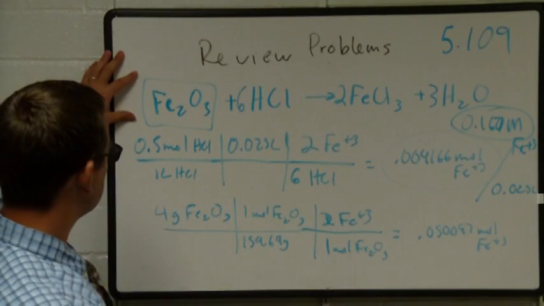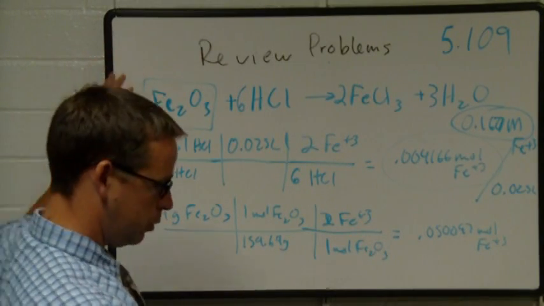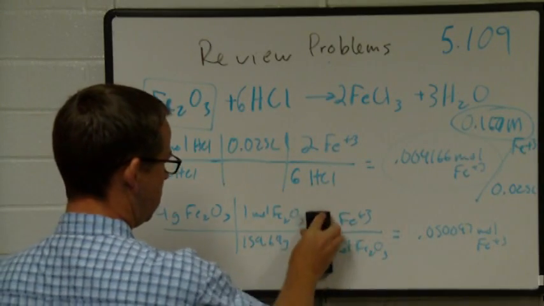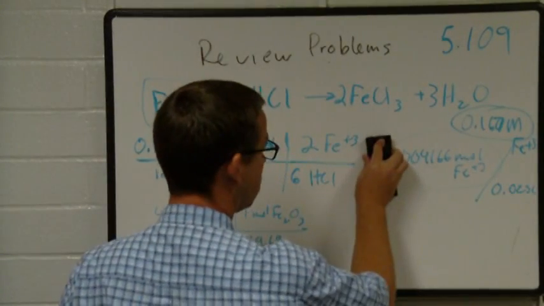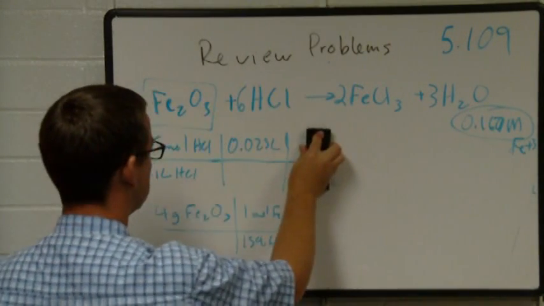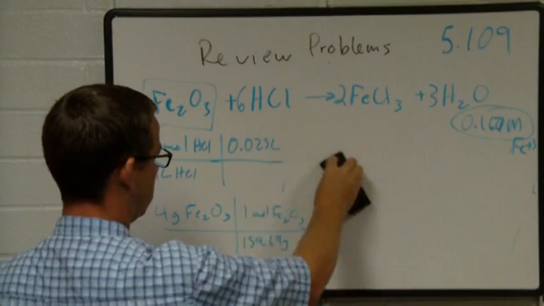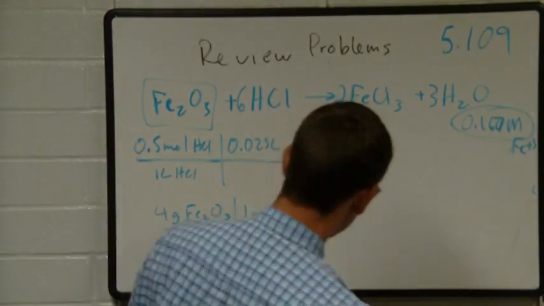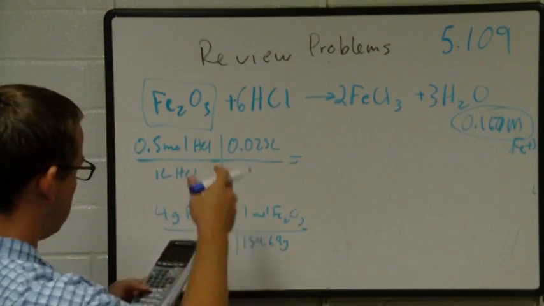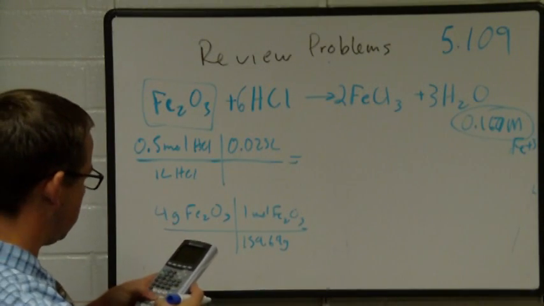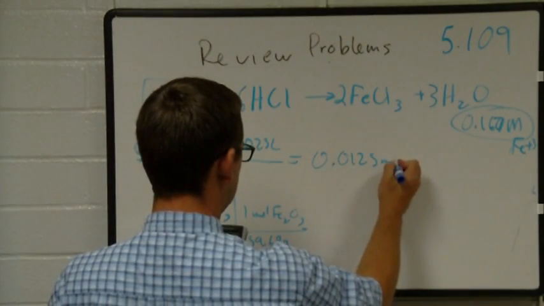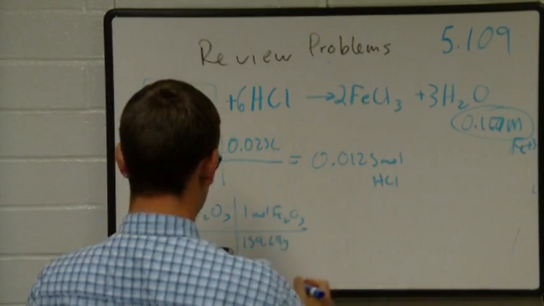Now, back to this question, how many moles of this are going to be left over? Well, to solve that, we can find out how many moles there were initially of the 2 reactants, right? This will tell us how many moles of HCl there were. 0.5 times 0.025. There was 0.0125 moles of HCl.